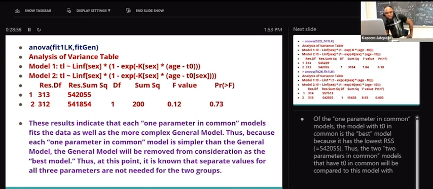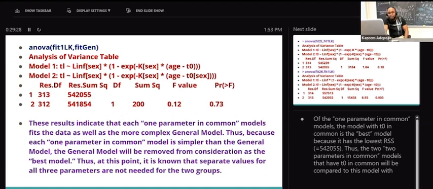Because each one-parameter-in-common model is simpler than the general model, the general model will be removed from consideration as the best model. So at this point, it is known that separate values for all the three parameters are not needed for the two groups. When you reject general, you are nullifying the idea that separate parameters are needed. You don't need separate parameters for the two groups. Any question? So far, so good, right?